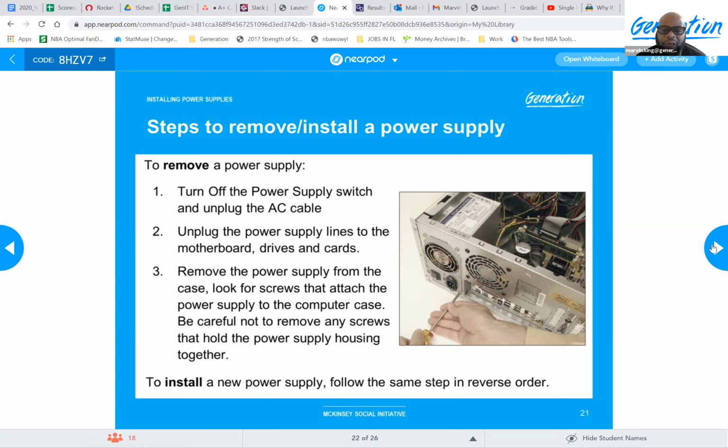Once you remove those 4, you should be able to wiggle that guy out and then replace it or upgrade it, however you want, and follow those steps in reverse, like Kadon said. And ideally, you won't open the power supply by just removing those 4 screws on the back there.